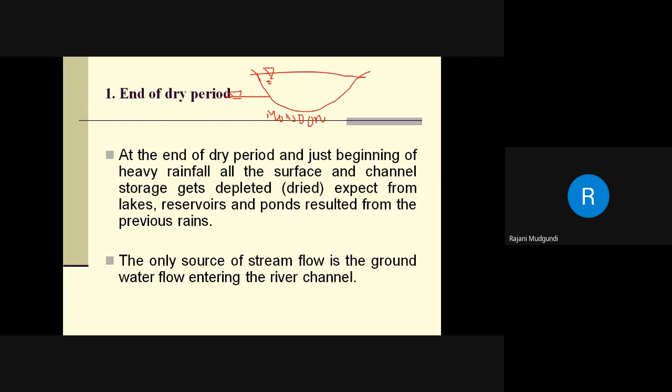Then what will happen in this case? The water level in the river is more than the groundwater. So therefore, the river water will find its way to recharge the groundwater nearby.